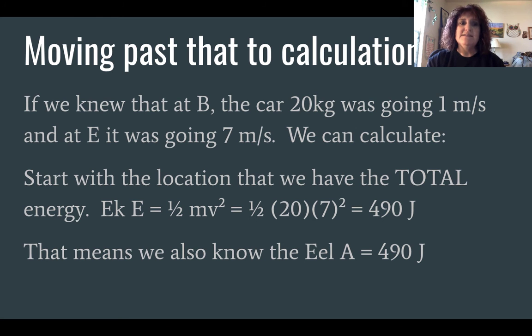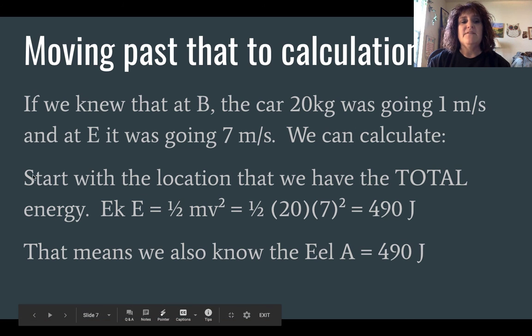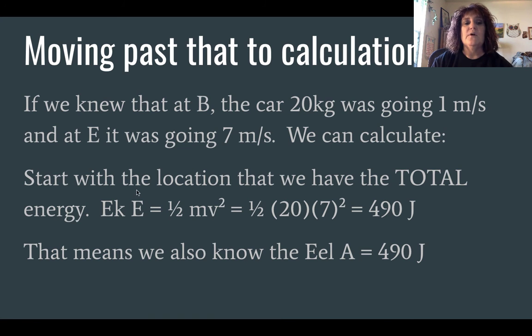So, moving past that to calculations, if we knew that at location B, the 20 kilogram car was going 1 meter per second and E was going 7 meters per second, then we can calculate. You always start with the location that you have a total energy. I have everything I need for position E. The EK at E is 1/2 mv squared, which is half of the mass, which is 20, times 7 squared, which is 490 joules.